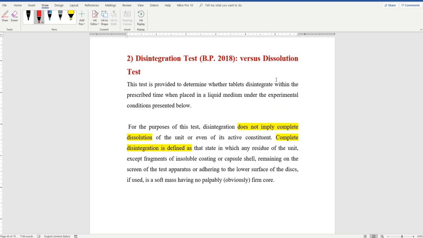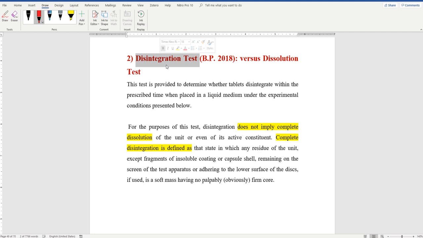Now, if the pharmacopoeia asks you to do dissolution test, then you will not do disintegration test. Usually they are not done together. You either do disintegration test or dissolution test. The one that is frequently done is dissolution test. Disintegration test is limited to what? To products that need to produce local action.